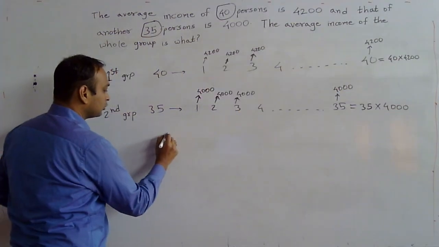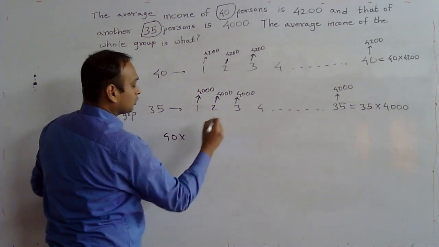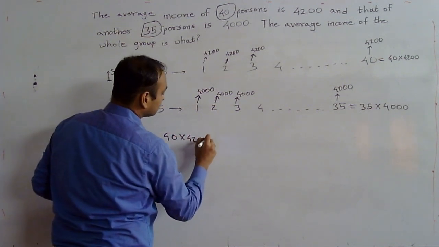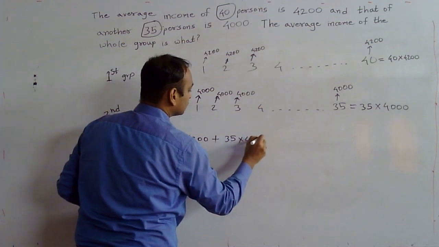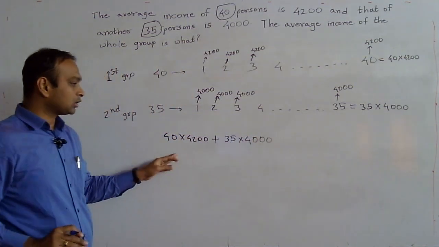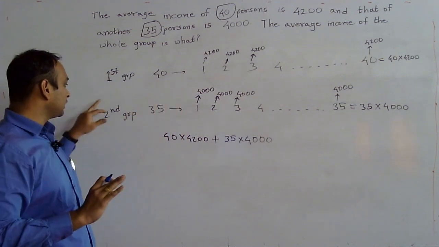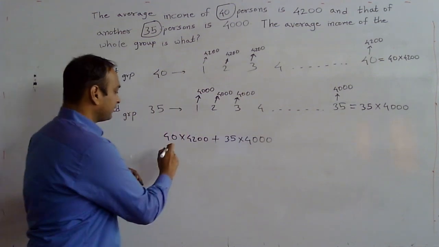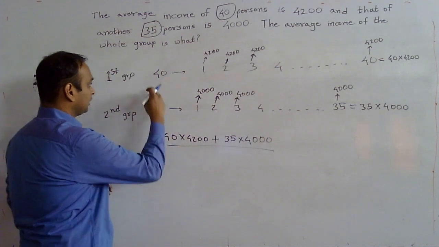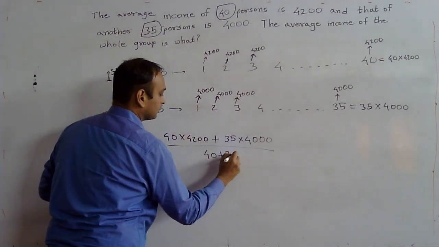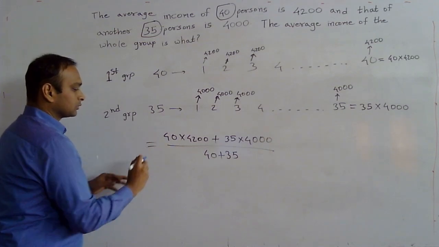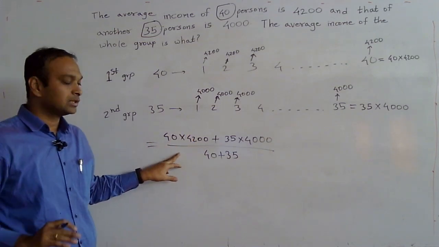So adding those two, 40 into 4200 plus 35 into 4000. This will be the total income of both the groups, the entire group, divided by the count, the number of persons, 40 plus 35. So this calculation should give the final answer.